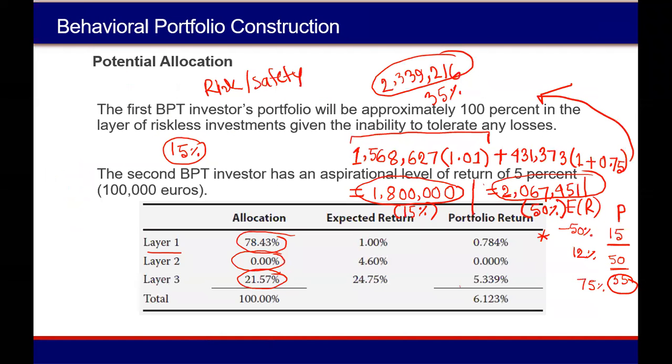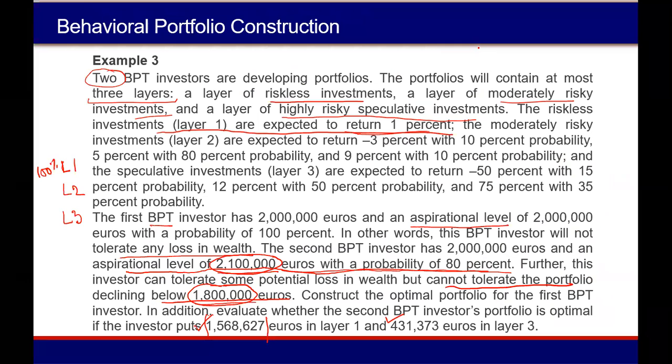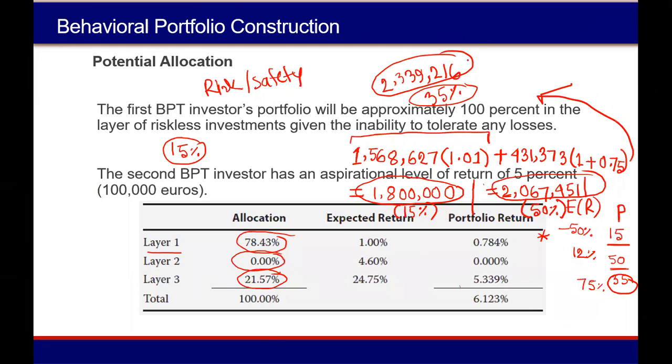But you see that there is a 35% probability for having this wealth. When we see that he wants to make sure that he will have 2.1 million euros, there's a probability that it is above the 2.1 million, but the probability is 35%.